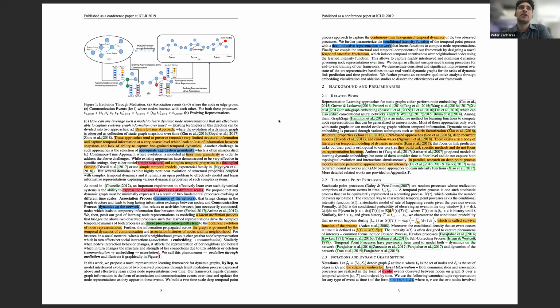But they say over here that these approaches tend to preserve and encode very limited structural information and capture temporal information at a very coarse level, which leads to a loss of information between snapshots and lack of ability to capture fine-grained temporal dynamics. So this is the reason why they don't like this method, and that's why they go towards the continuous time approach.